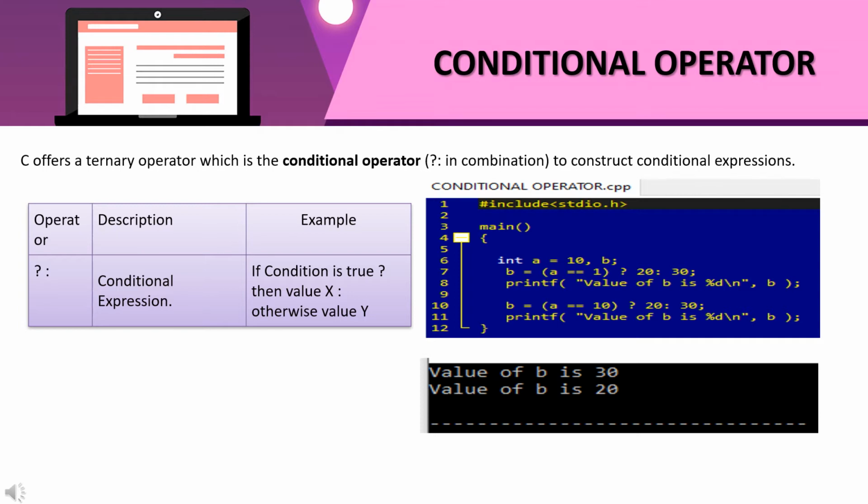So at first I have assigned the value 10 to the variable a. So the variable's value is equal to 10, and the result will be that the value of b is printed as 20.